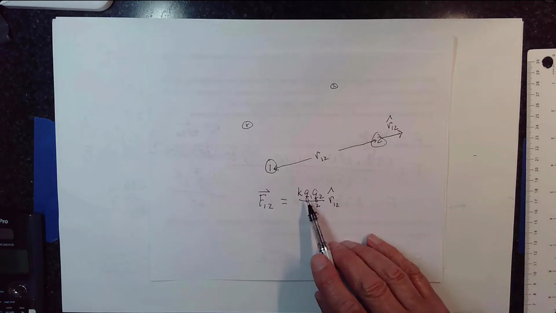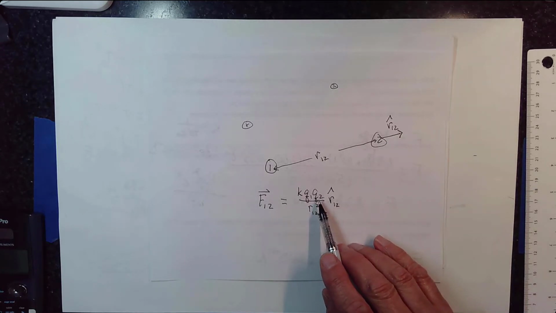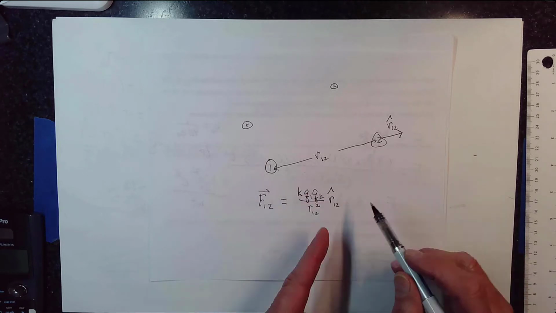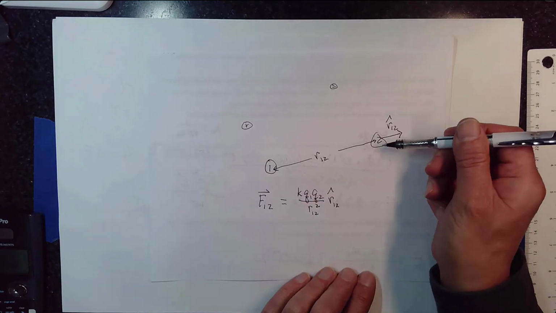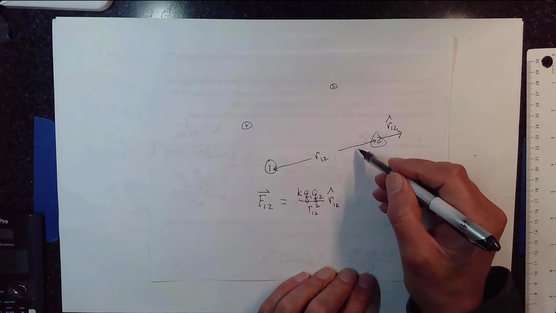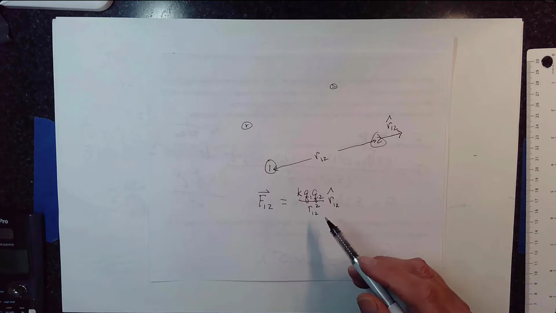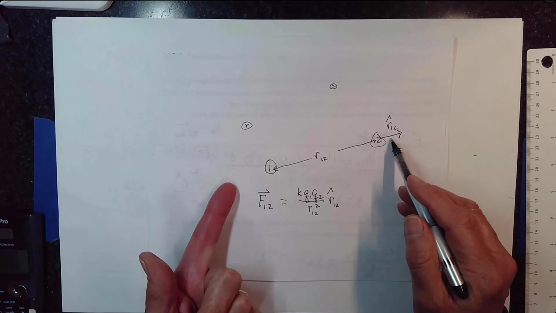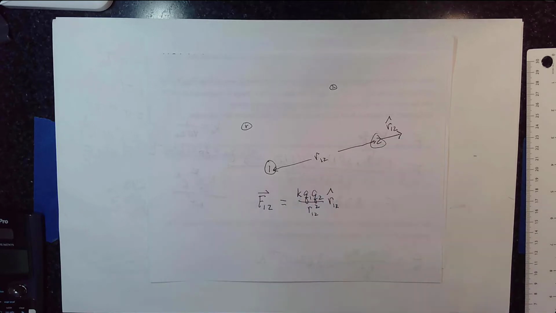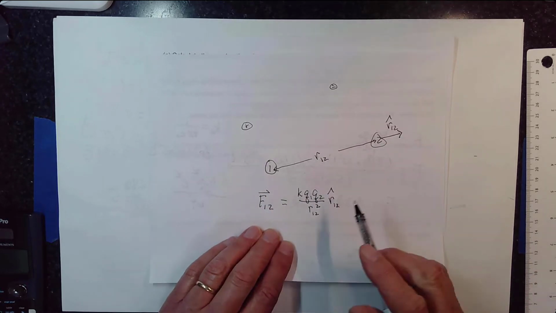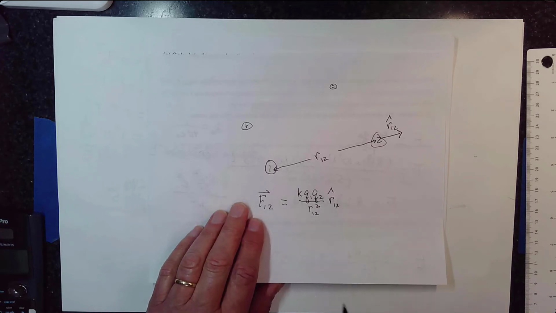If one of them is positive and the other one is negative, then their product will be negative, and when you multiply a vector by a negative, it reverses direction, and the force on 2 will be back in this direction. If they're both negative, negative times negative is positive again, they'll repulse, and you'll be pointing in that direction again. So this takes care of all the possible situations having an expression like that.